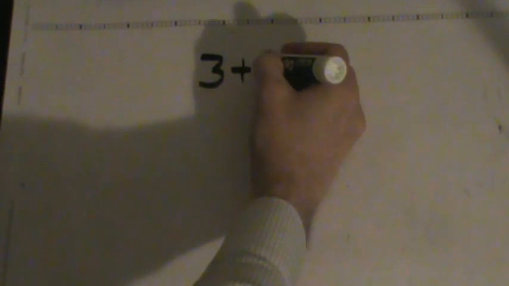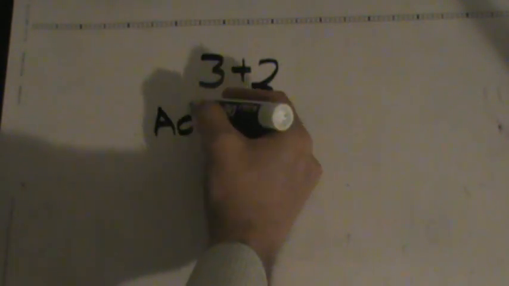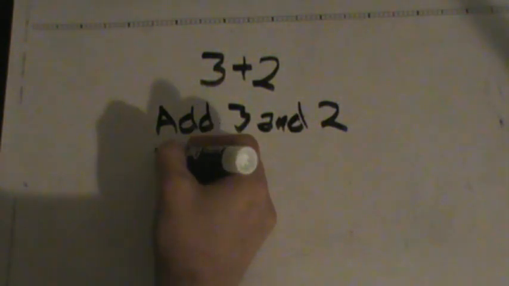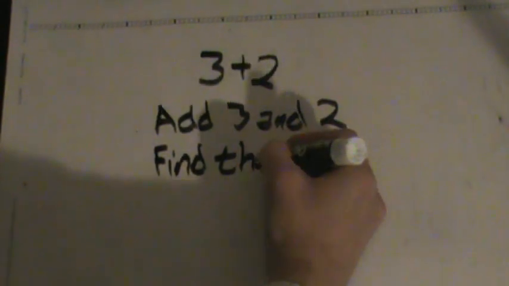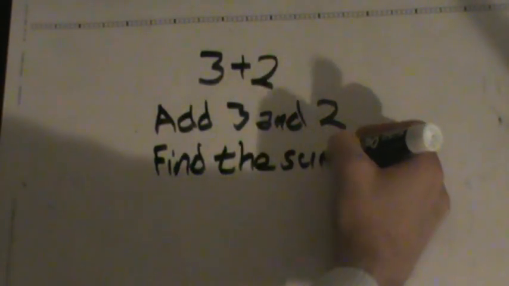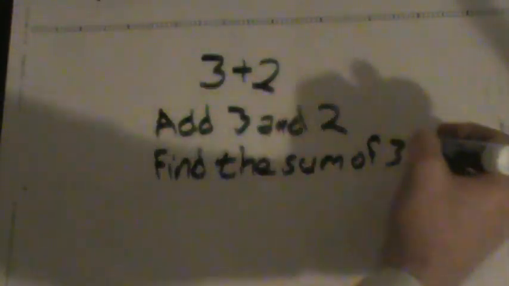So for instance, if we have this, it could either be add 3 and 2, or find the sum of 3 and 2.